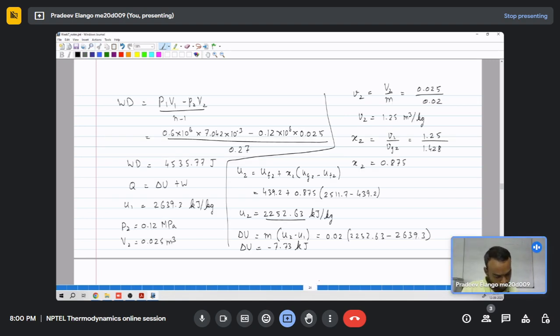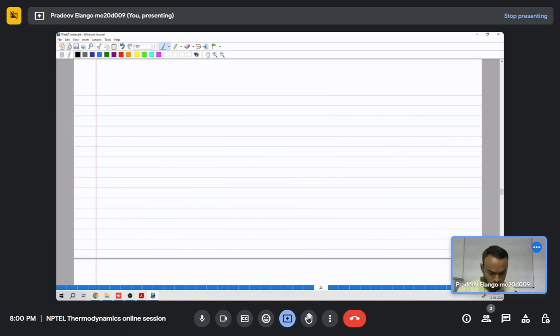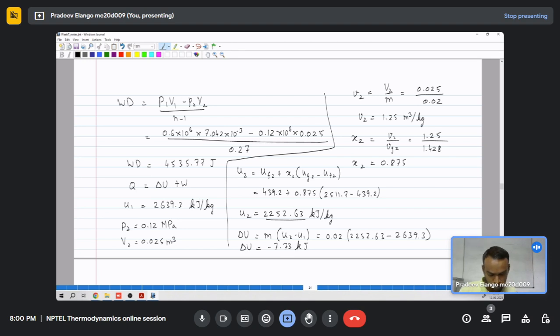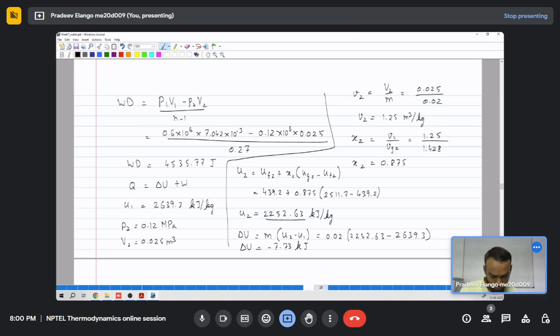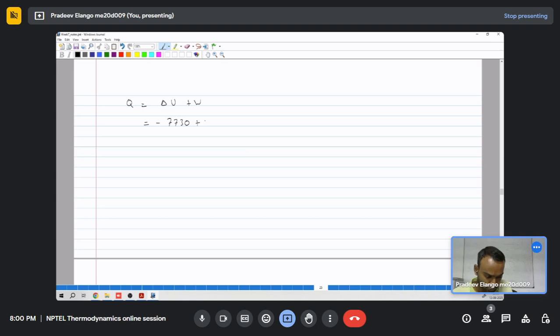So now Q is equal to delta U plus W. Delta U is minus, we can write in joules because W we have calculated in joules. So minus 7730 plus work transfer is 4535.77.